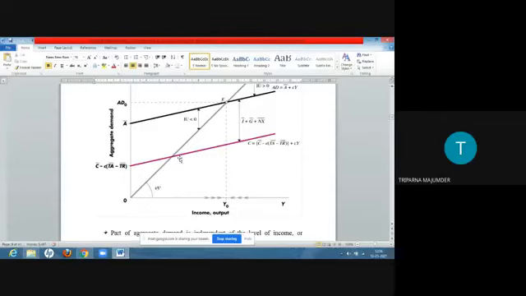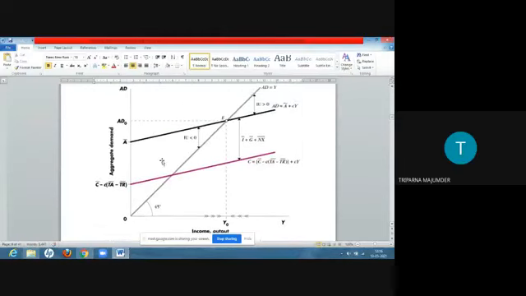So we vertically add the values for each level of income and get an aggregate demand function of this nature, which is just a vertical shift of the consumption function by the amount of I bar plus G bar plus NX bar, and with the same slope as the consumption function.